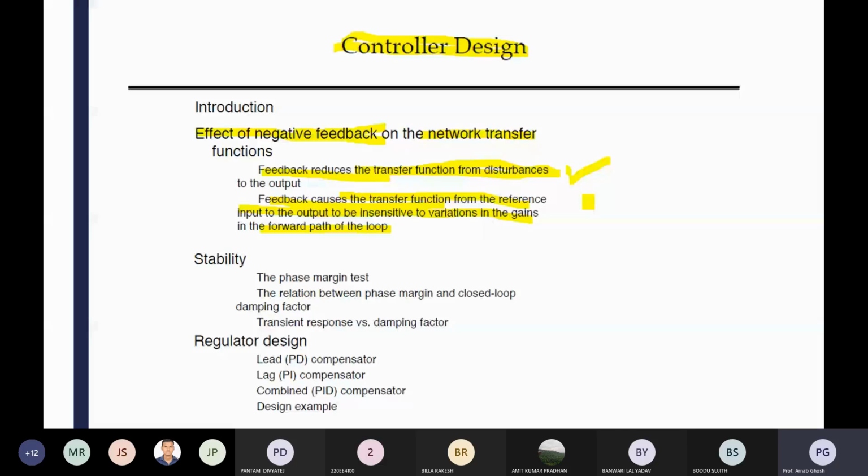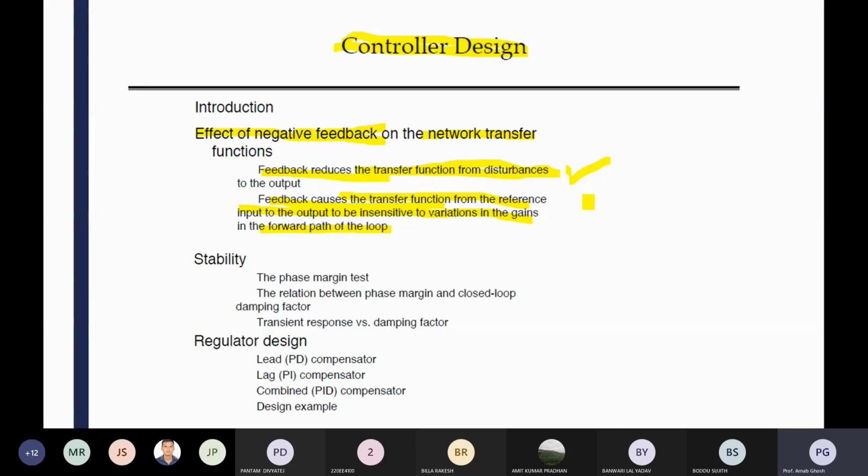In positive feedback you are adding both of them, so in negative feedback you get the subtracted value, and in positive feedback you get the summed value. That's why the control design may be different, and you should focus much more on negative feedback.